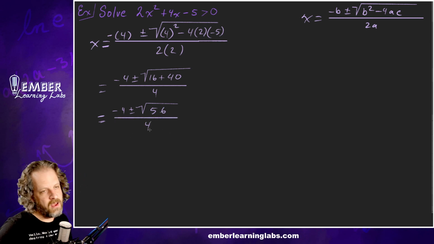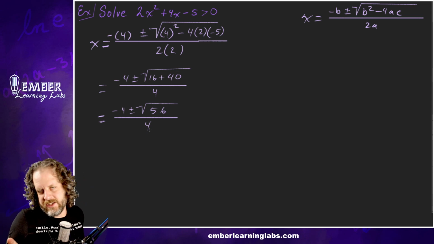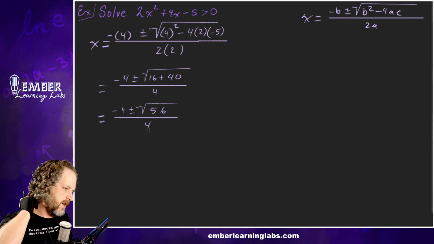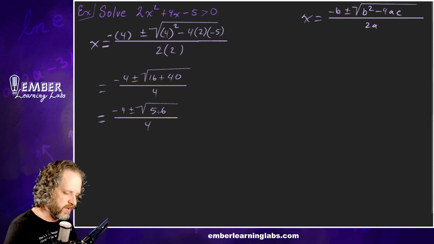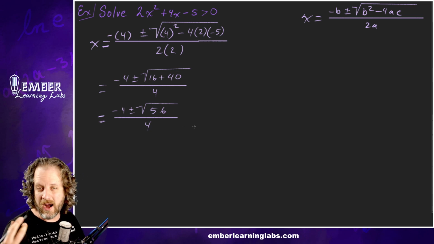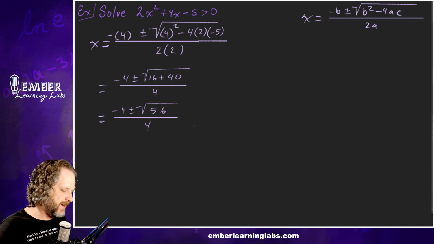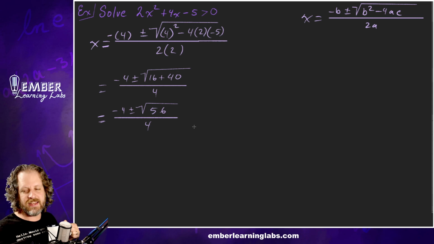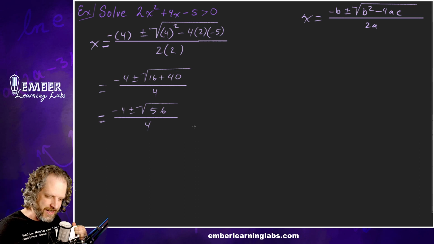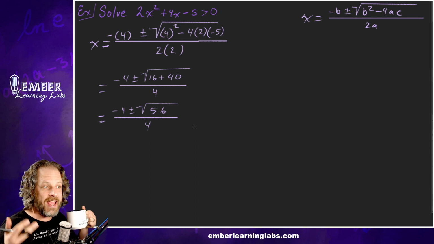over 4. Now, here's the thing, ladies and gentlemen, boys and girls, damas y caballeros. Normally, when we're having an equation, we'd want to reduce this, simplify it, pull a 4 out of it, and circle that exact answer. However, this is an inequality, so we can't just do that.